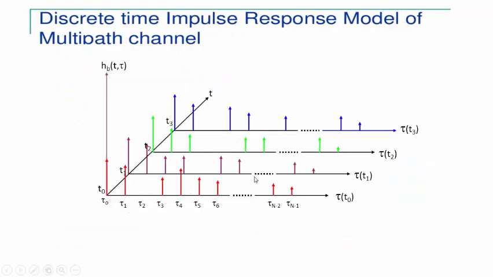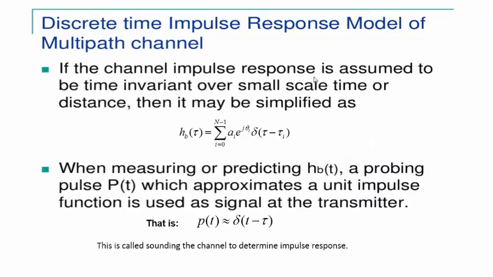For tau 4 at time 0 we are getting this much of impulse response, but here at the same location at t1 we are not getting the impulse response. So in this way at time t0, t1, t2, t3 we can analyze the impulse responses of the discrete radio channel, and we can analyze the behavior of the radio channel.